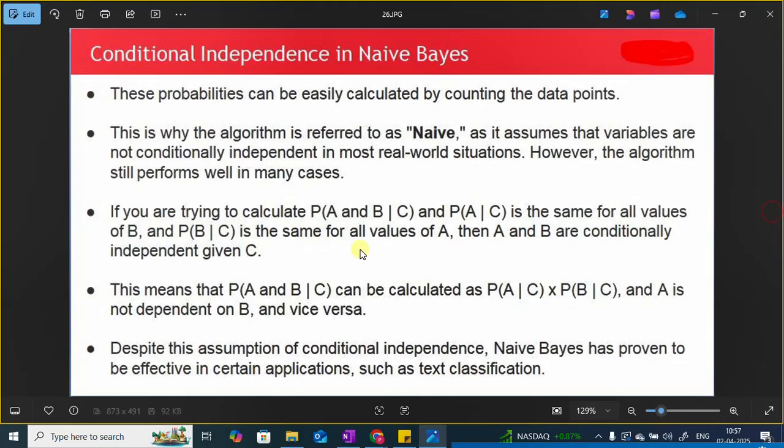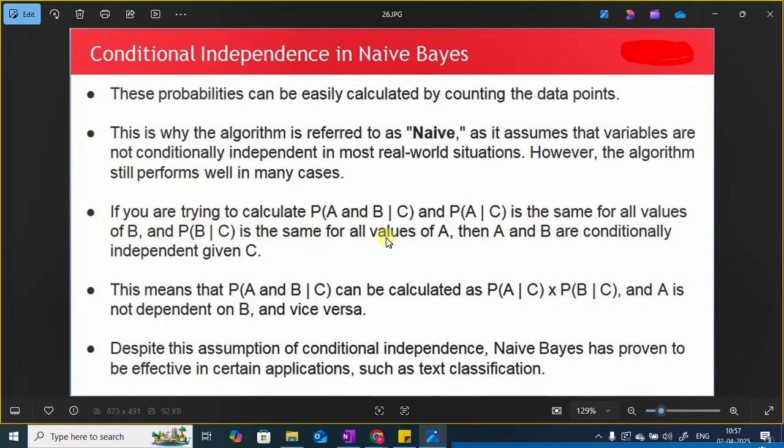These probabilities can be easily calculated by counting the data points. This is why the algorithm is referred to as Naive Bayes, as it assumes that variables are conditionally independent, which they are not in most real-world situations. However, the algorithm still performs well in many cases.